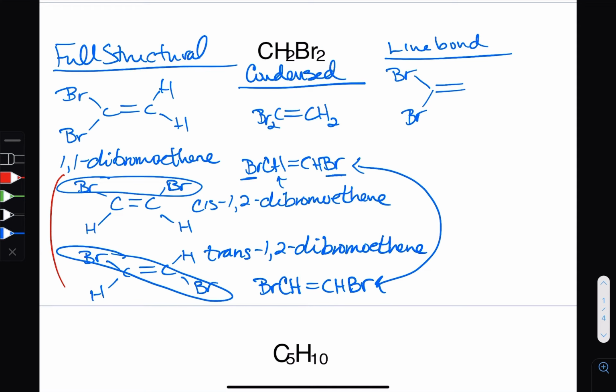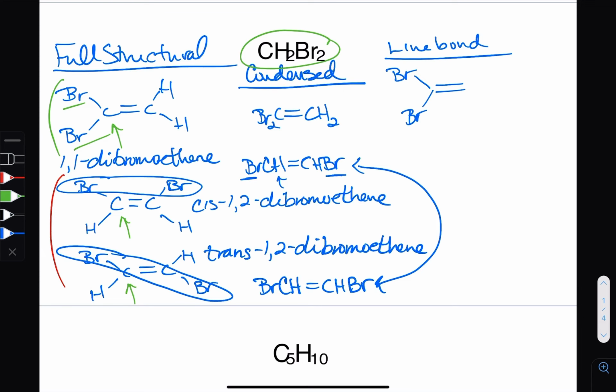Now, the one up here on the top, that's also an isomer of the two on the bottom, but it's just a regular old structural or constitutional isomer of those two because it has the same molecular formula, but it doesn't have the same connection of atoms. Right here, you've got a carbon that's bonded to two bromines, whereas here and here, you don't.